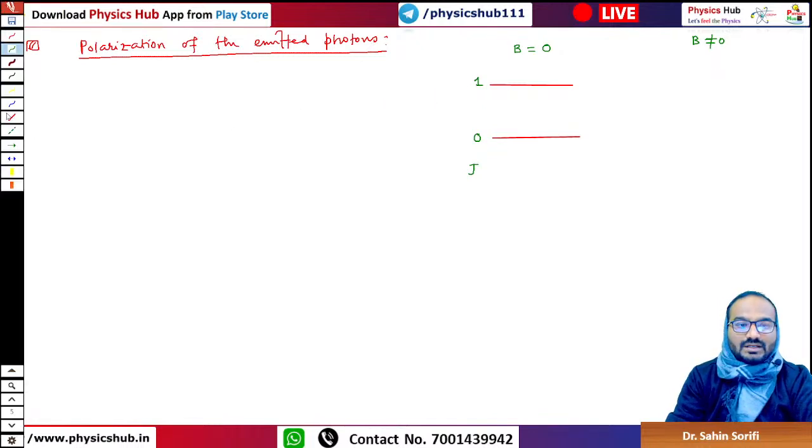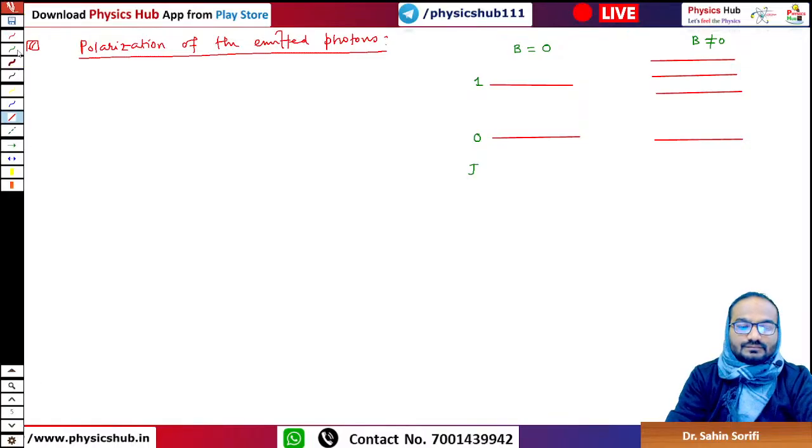Now when you apply B not equal to 0, the J value will show space quantization. So this one line will be divided into 3 lines, with mJ values from -1 to +1. And 0 is only one line. So this will be +1, 0, -1, and this will be your 0.